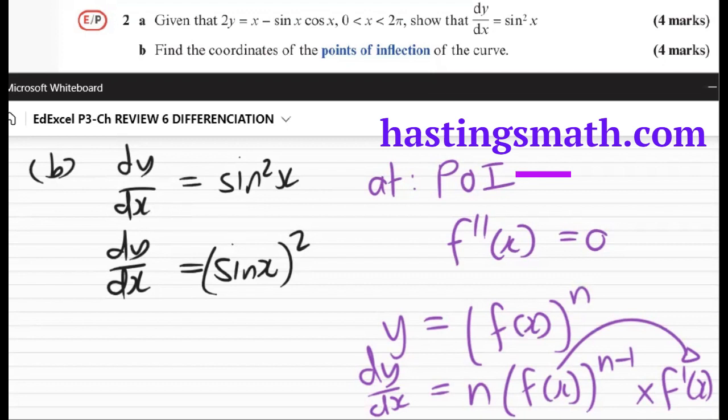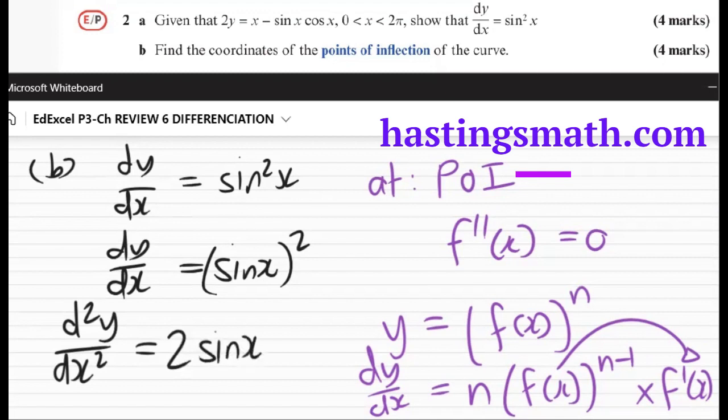So if we apply this to our sine squared x, we have our n is 2. So let's call it d squared y over dx squared. This is just the correct notation for second derivative. So n goes down, 2. Just keep everything inside the brackets, sine x.